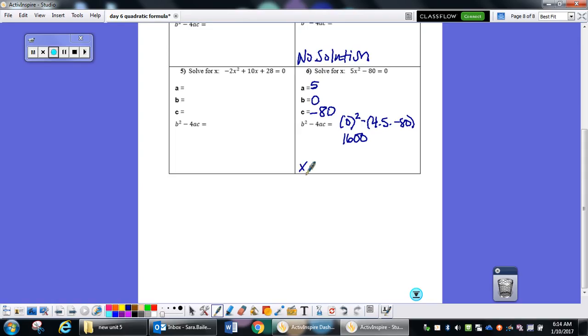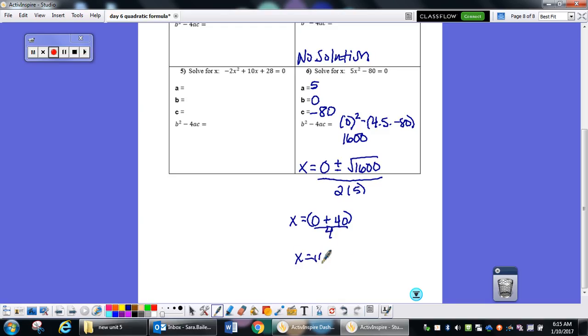Then x equals the opposite of b, which is just going to be 0, because the opposite of 0 is 0, plus or minus the square root of 1,600 over 2 times 5. So this becomes x equals 0 plus the square root of 1,600, which I believe is 40, over 10. You do need to put those in parentheses or do it in two different steps on your calculator.